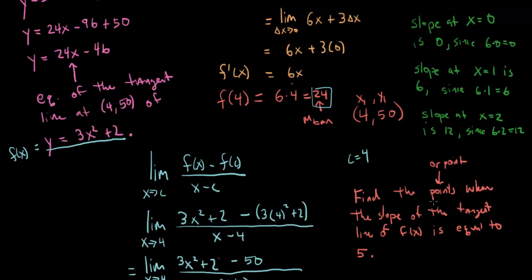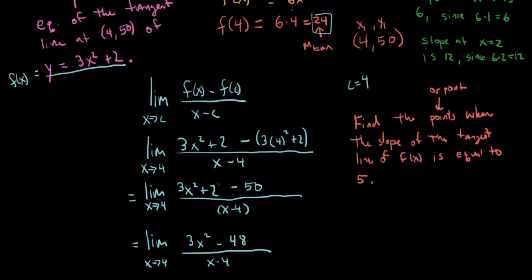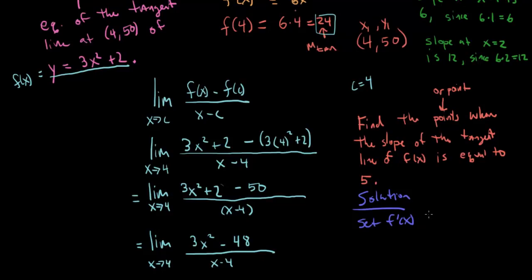Okay? Well, the way to do that is to take the derivative function. The derivative function is f prime of x equals 6x. So set f prime of x equal to 5. Solution: set f prime at x equal to the desired slope.